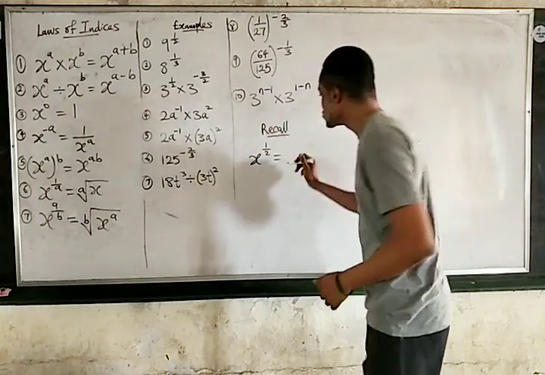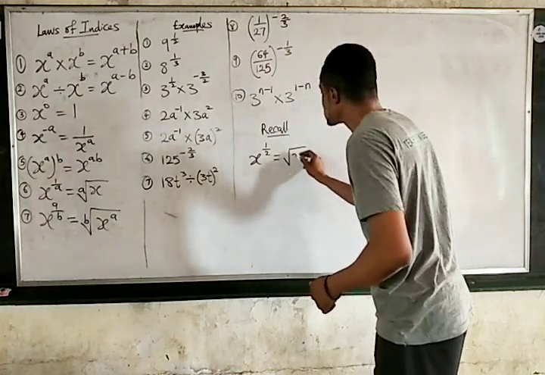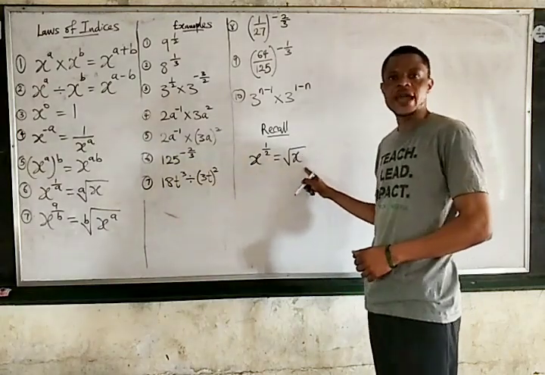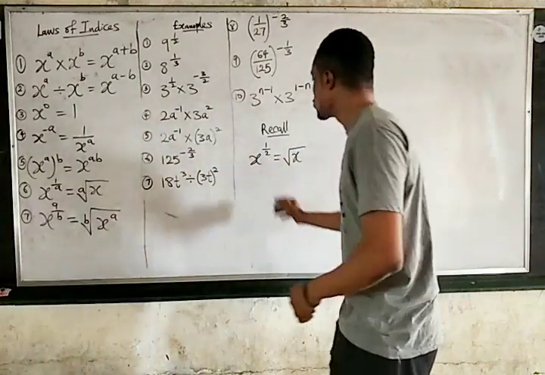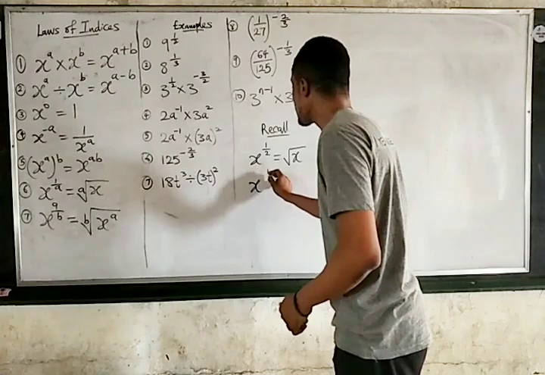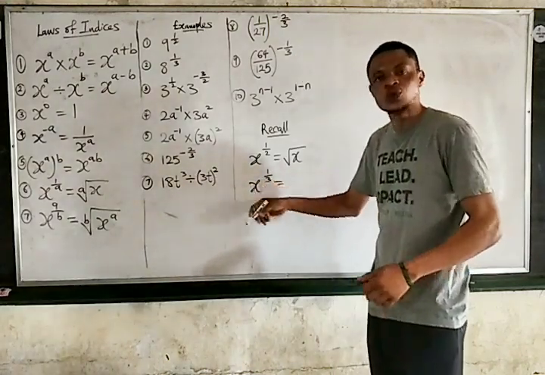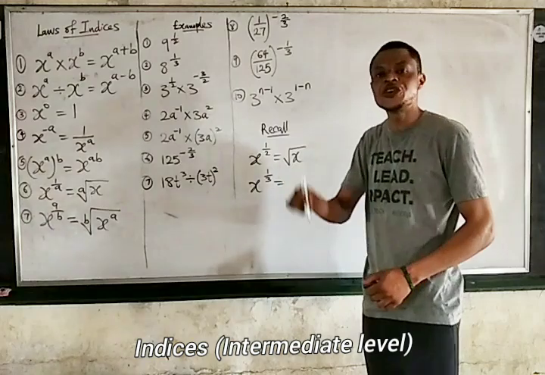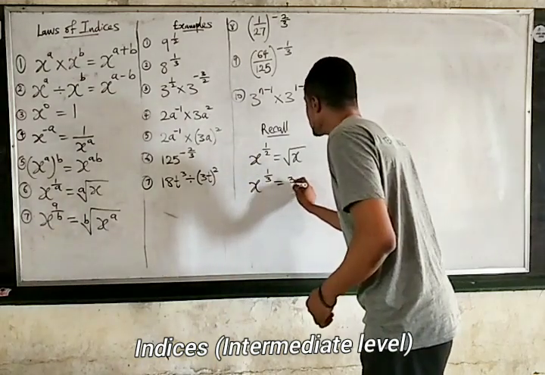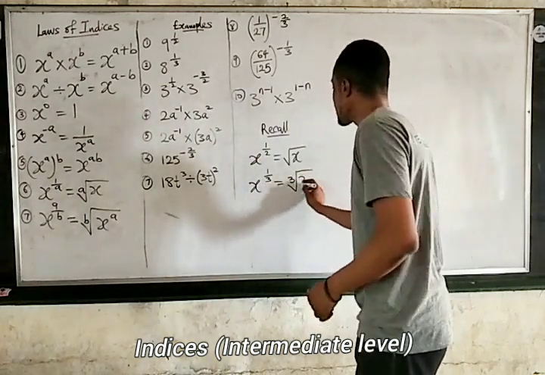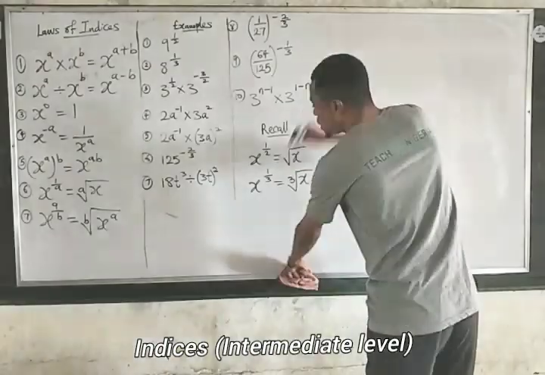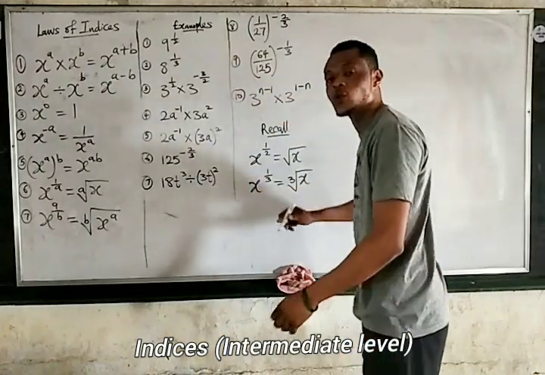Square represents 2. So we can assume that it is the square root of x. Also, we can assume that x raised to the power 1 all over 3 will become 3 roots, which we can call third root or cube root of x. Let's leave this one and move into the questions.